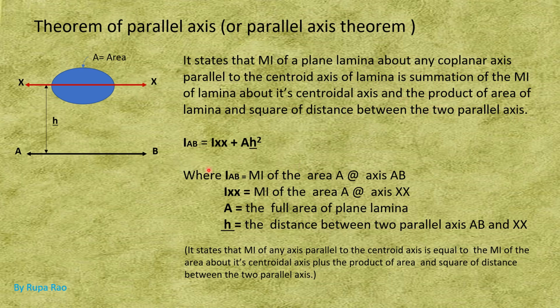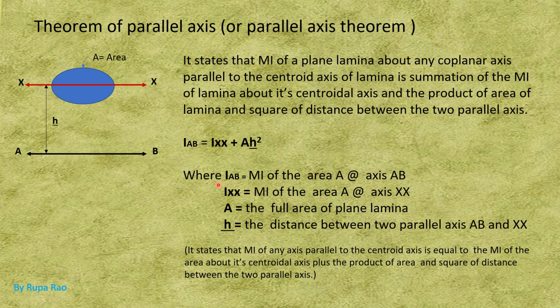So if I want the moment of inertia about any axis which is parallel to the centroidal axis, say it is axis AB, IAB, then it will be equal to IXX, that is the moment of inertia about the centroidal axis, IXX, plus area, the total area of the lamina, A, and H square, where H is the distance between the axis XX and axis AB.